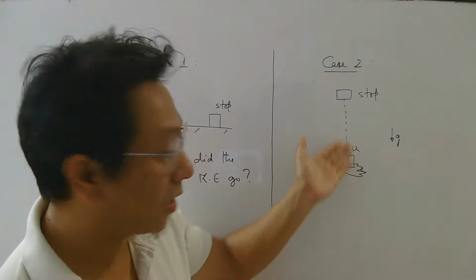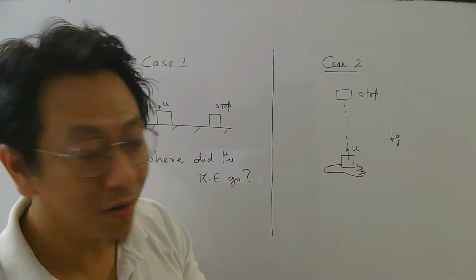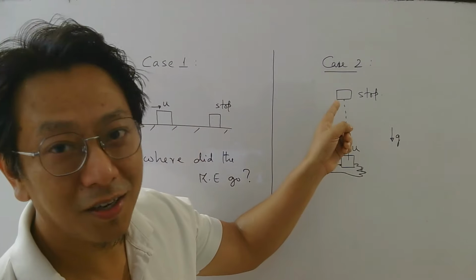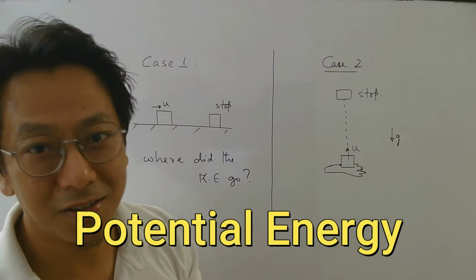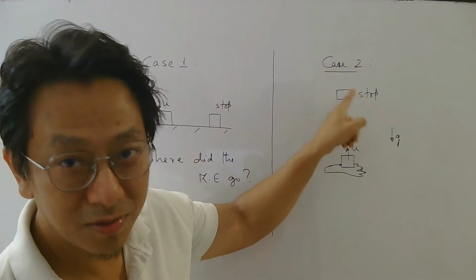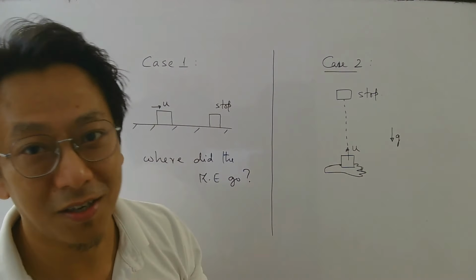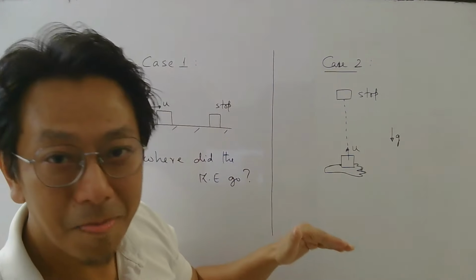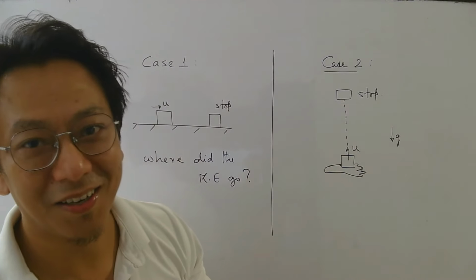So as it goes against gravity, it loses kinetic energy. However, that loss of kinetic energy is getting stored as potential energy. So when it reaches here, though kinetic energy becomes zero, it will store that kinetic energy as potential energy. And while coming back, that potential energy will again be given as kinetic energy.